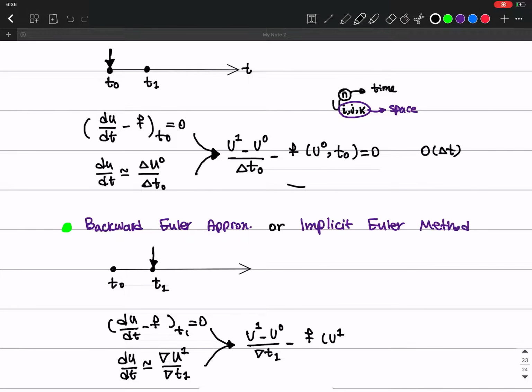Now instead of u0 that we had here, we have u1 here, and t1 equals to 0. This is going to be also order delta t if you calculate that.